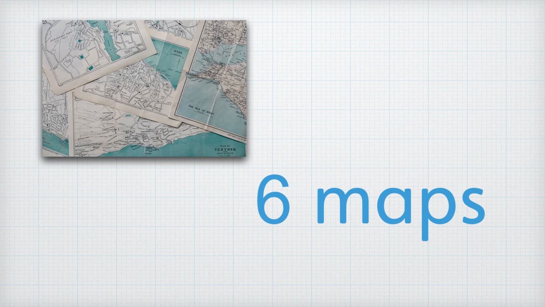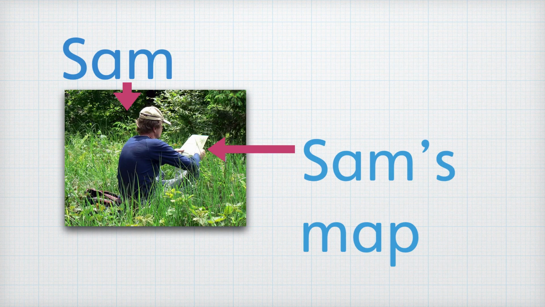Now, here's another S. This guy here is Sam. His name is Sam. And you can see it's a name. I've got a capital letter here. Now, what is this?